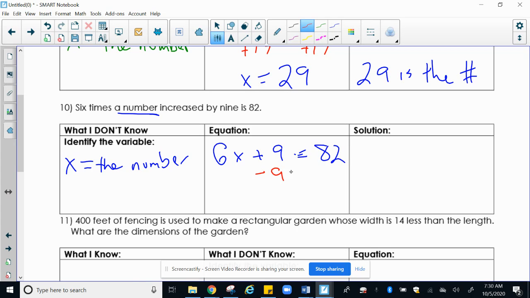So let's subtract 9 on both sides. So 6x equals 73. Divide both sides by 6. This one doesn't come out perfect. We do 73 divided by 6 and get like 12.16 repeating.